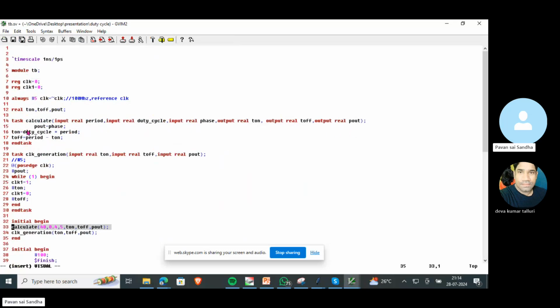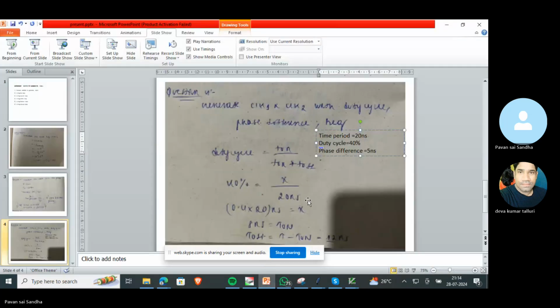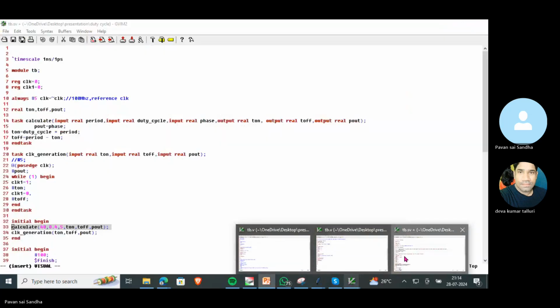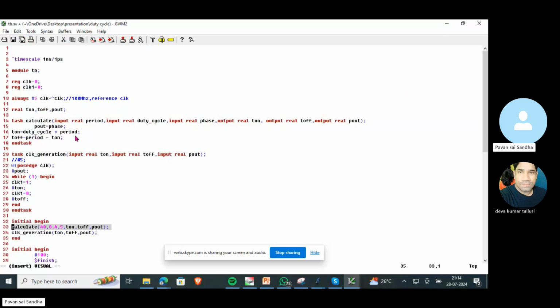That's clear. So here we are generating T on. T on equals duty cycle into time period, so the same I mentioned here. That is the 16th line, and for the 17th line, T off equals time period minus T on.